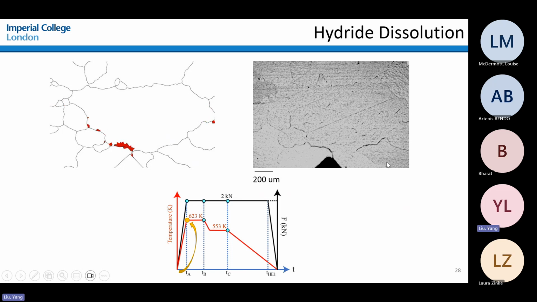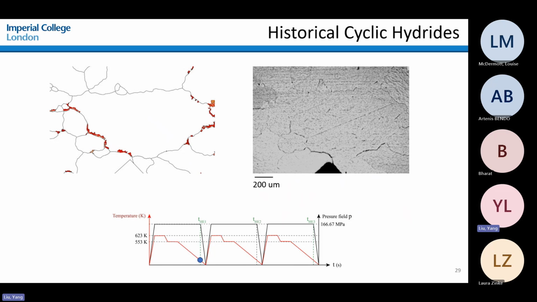In the following cycle, if we increase the temperature, the hydrides start to dissolve, but not fully, because there are retained dislocations within the microstructure, which will increase the hydride precipitation cyclically.